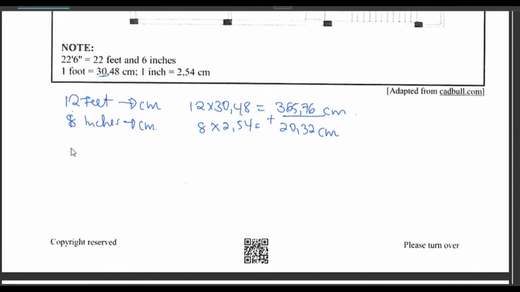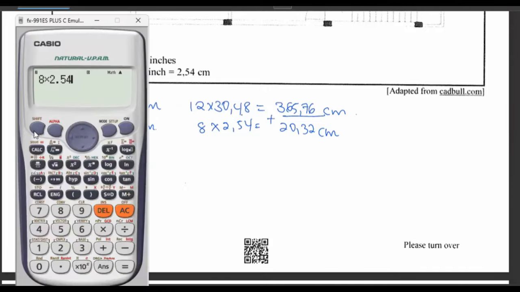Allow me to store this in A, and this other one in B. So we shall add 365,76 plus 20,32.